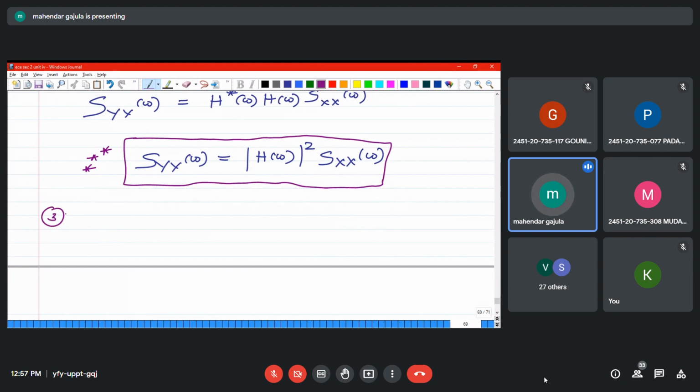And the third one, the cross power spectral density S_xy(ω) equals H(ω) into S_xx(ω). So let us prove it.